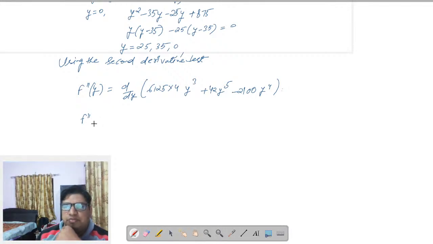So these 2 points cannot be considered, so we'll try to put f 25 into the given equation.